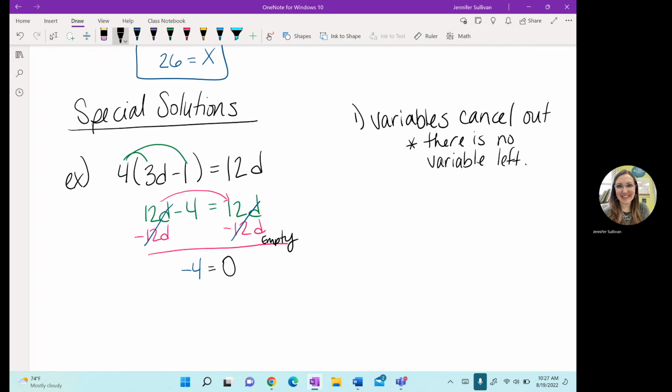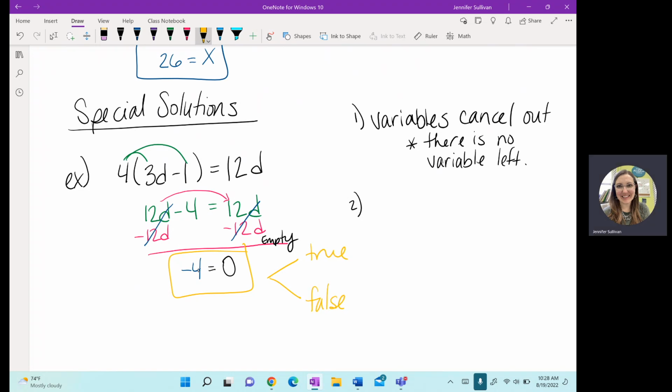And the next thing that we have to decide is what is left. Is this true or is it false? Well, is negative 4 equal to 0?